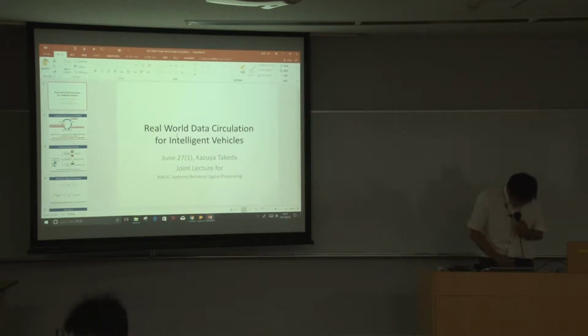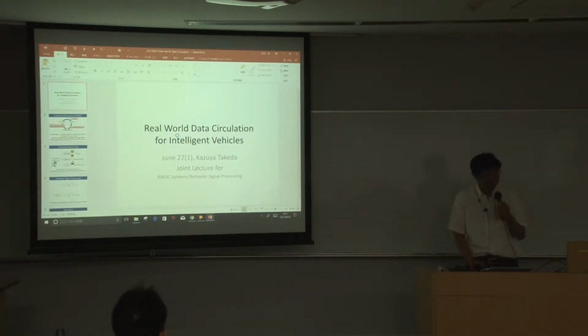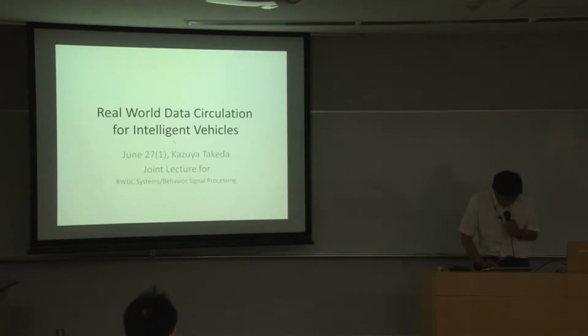Please forgive me to start with a very, very fundamental idea because each of you may not be familiar with the other aspect of this lecture. First of all, students in my class in the graduate school of information science are not so familiar with the idea of real-world data circulation.